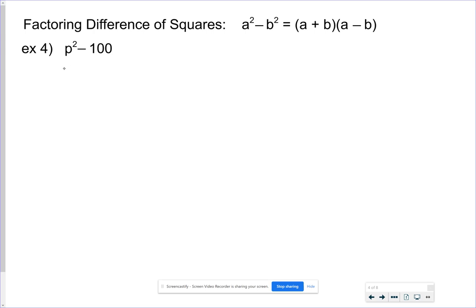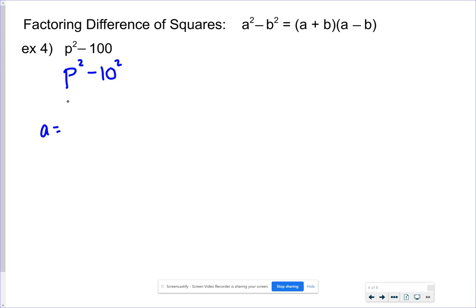All right, so what I'm going to look at is example 4. I need to recognize that 100 is 10 times 10, or 10 squared. So this is in the form a squared minus b squared, where a is, whoa, rewind. My pencil was getting ahead of my brain.